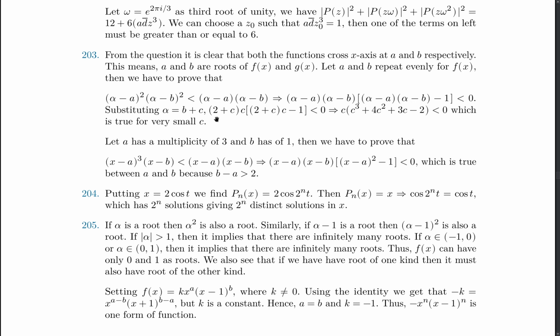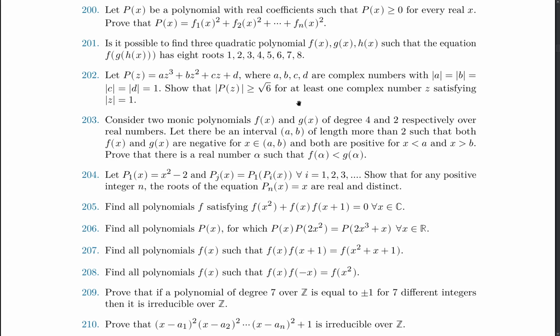So it becomes (2 plus c) into c multiplied with [(2 plus c) into c minus 1]. Okay, let's hang on for a bit. We substitute b plus c, so this becomes b plus c minus a, and this becomes c.